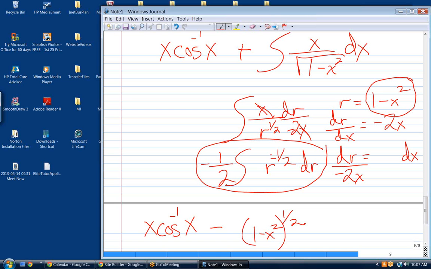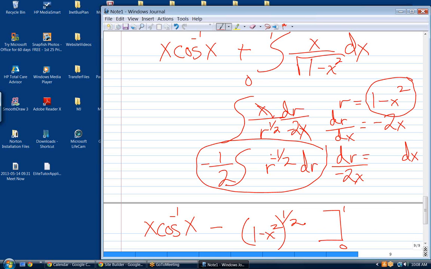Yeah, and the answer in my book is exactly the same, only with a different sign. In other words, if we were integrating the inverse sine instead of the inverse cosine, it would change that to a plus, and that's the only difference. And then, of course, in my particular problem, we were going from 0 to 1, so we now have to evaluate this whole thing from 0 to 1.